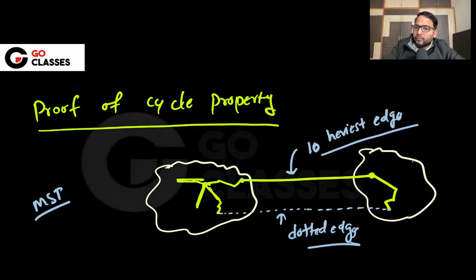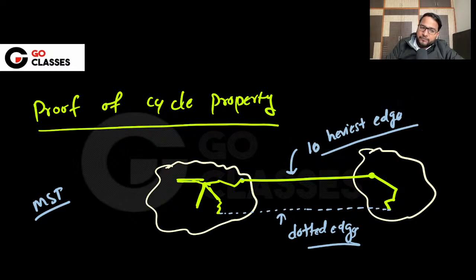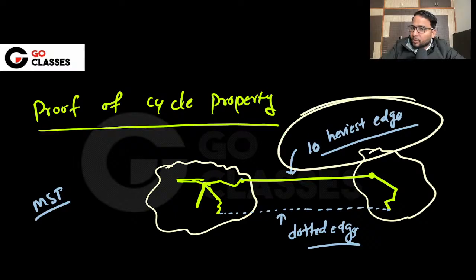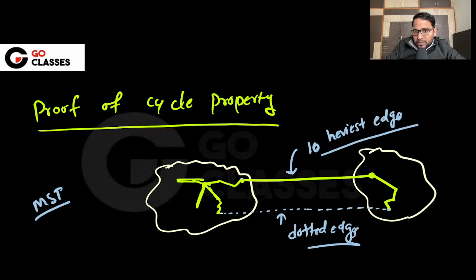This is some other component of the minimum spanning tree and so on. Okay, and suppose by contradiction I am saying that I have taken the heaviest edge. Then tell me, since I am saying that this heaviest edge was a part of a cycle, won't there be one more path which is connecting these two components? I mean, since this is a part of a cycle.